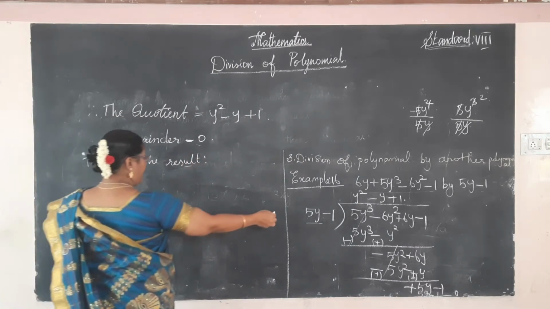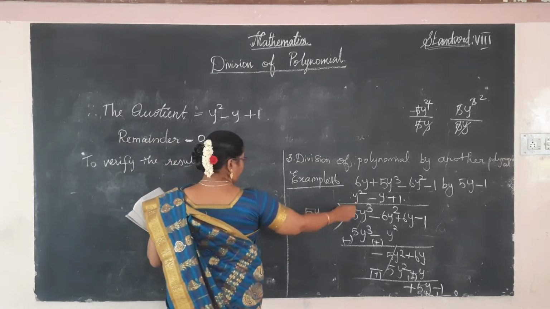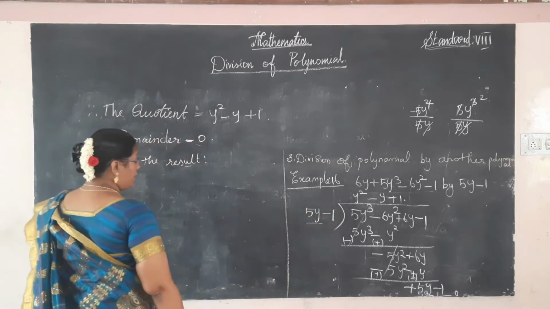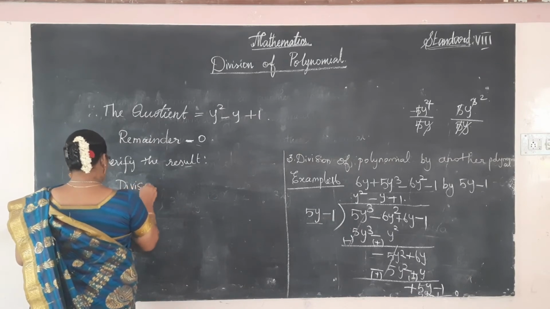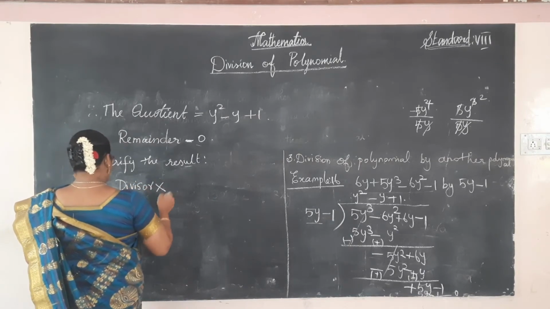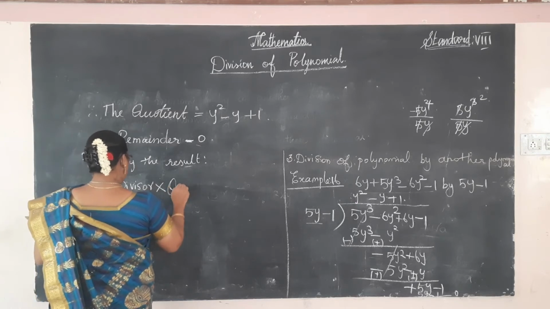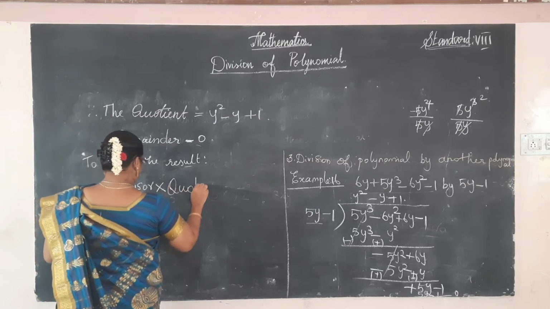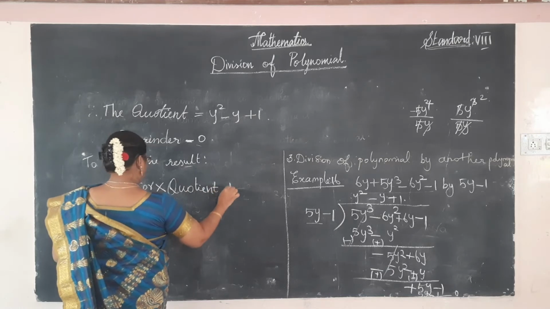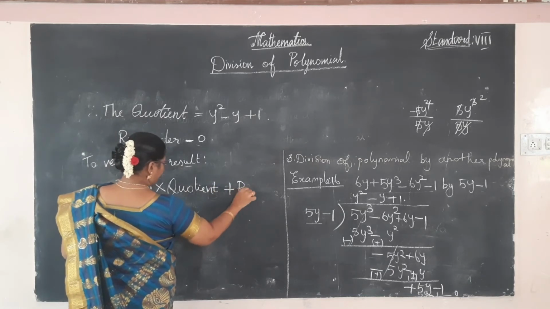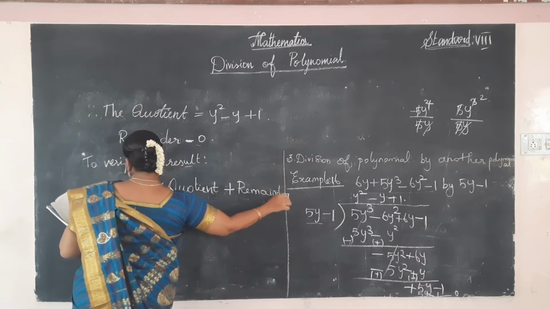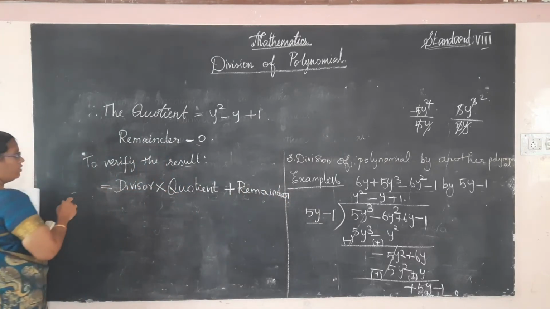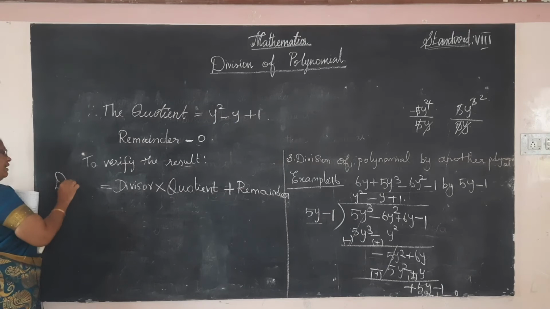Multiply the divisor by the quotient, plus the remainder. We get the dividend.